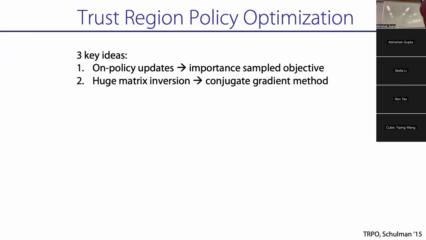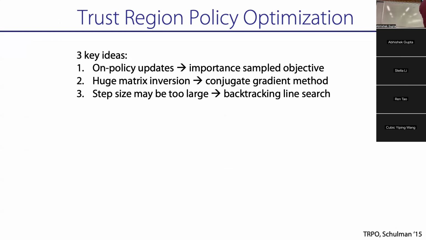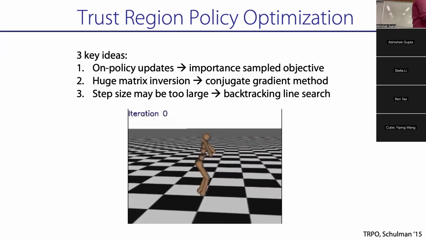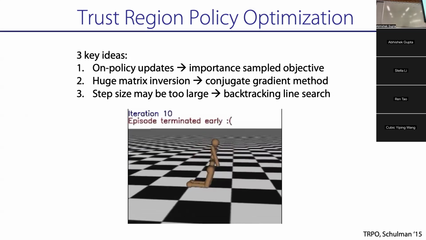You want to make this more tractable, using an algorithm called conjugate gradient, which we'll touch on. And the last is finding a way to choose the step size more carefully, so that the policy doesn't get worse and catastrophically reduce in performance. And that's going to give us performance like this.